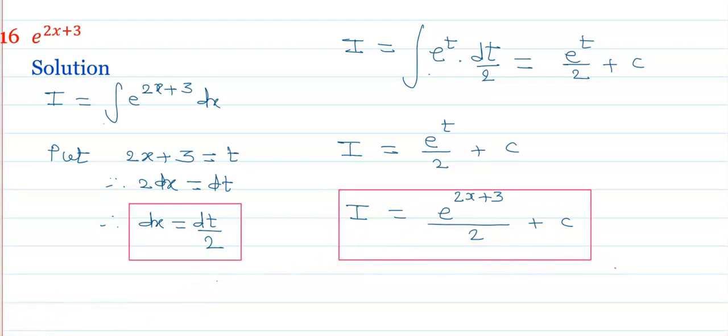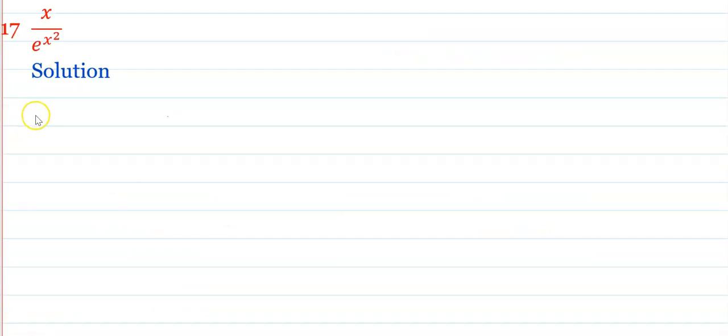Now the next example. Next integration. I is equal to integral x upon e raised to x square into dx. Okay. Again, the substitution is, what is that? X square. Its derivative is 2x.